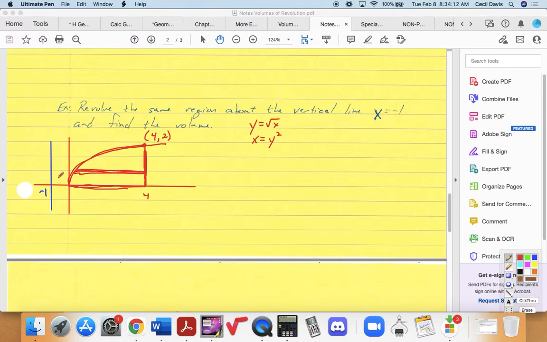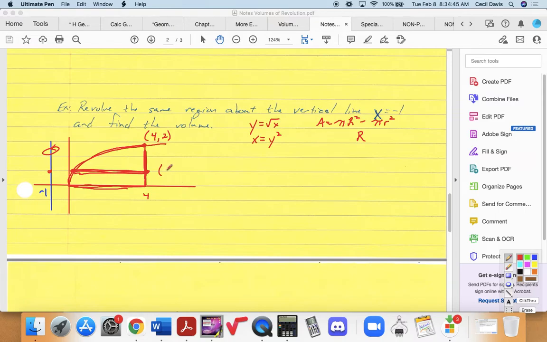So is my axis of revolution, which is over here, one of the borders of my region? No. So what am I going to have? An annulus. So the area is pi times big R squared minus pi times little r squared. What is big R going to be? Well, it's the distance from here to here. Let's put all those points in.